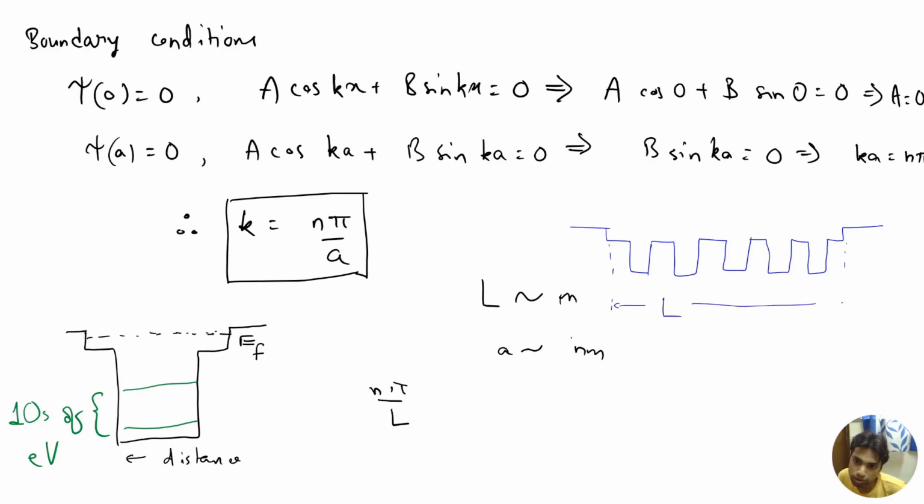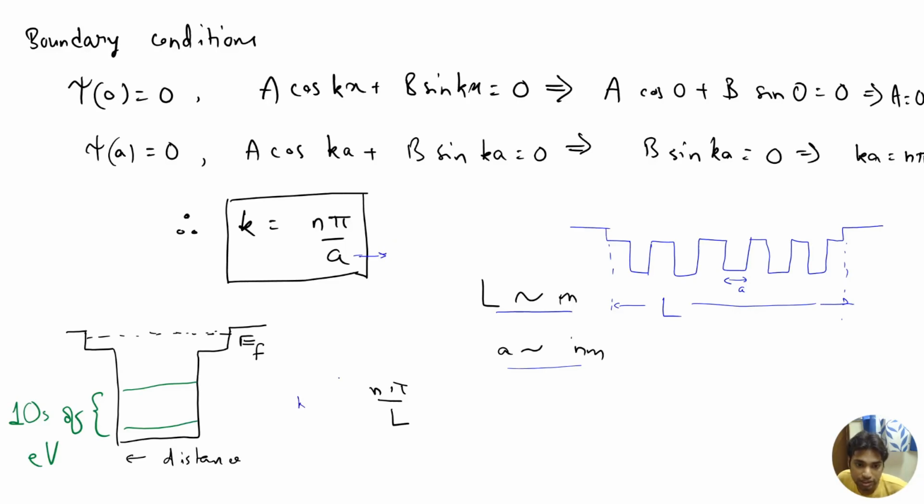This is the boundary of the metal, and a is this. L is of the order of meters and a is of the order of few angstroms or nanometers. We are going to see that, based on this distance, a is of the order of nanometers.